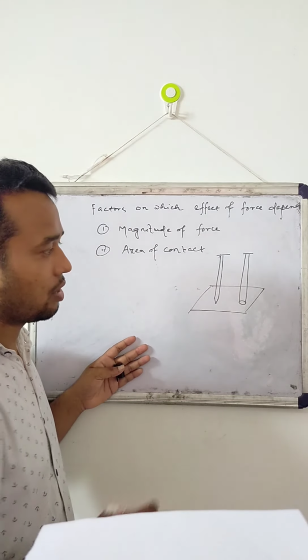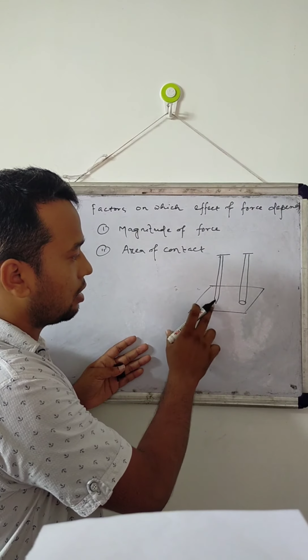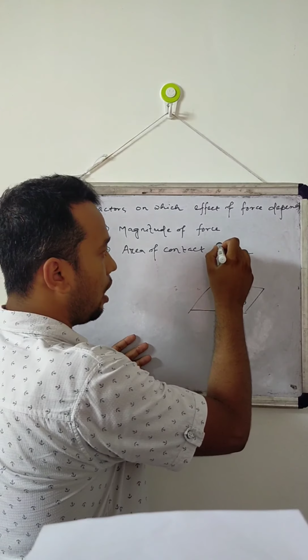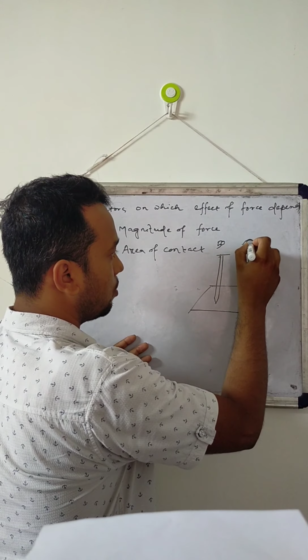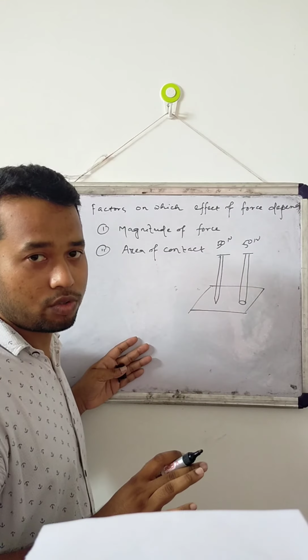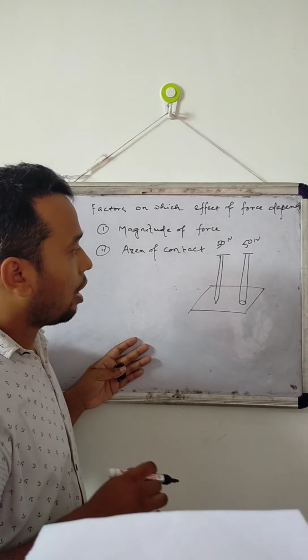This is a blunt iron nail and this is a sharp iron nail. If both the iron nails are struck with 50 Newton of force, so in this case we are applying the same amount of force, then what will happen?